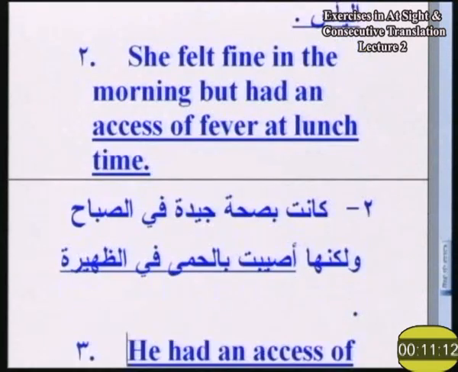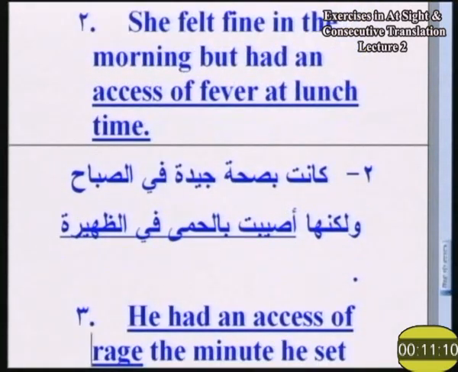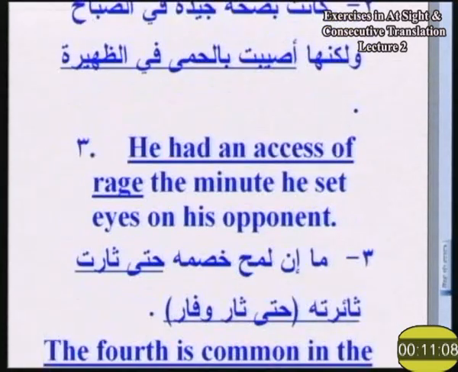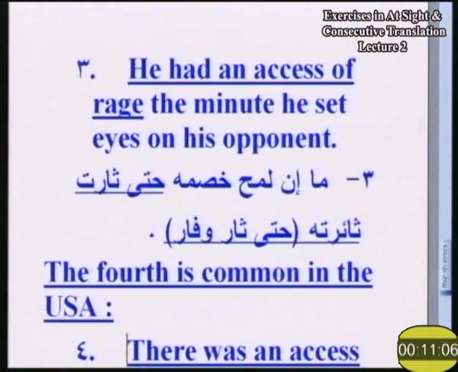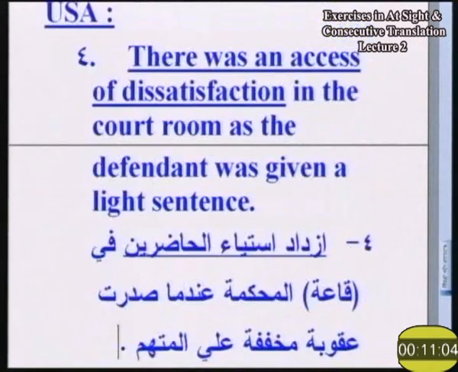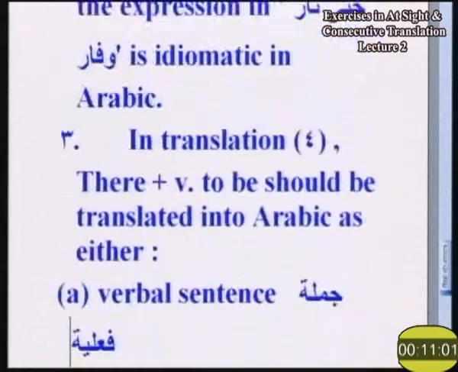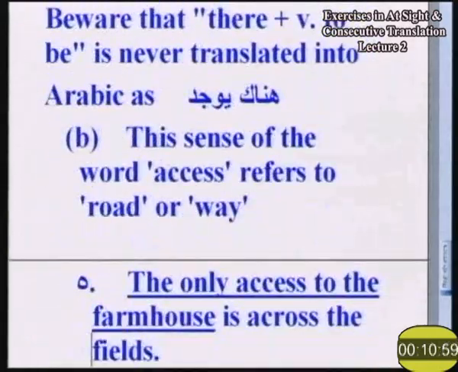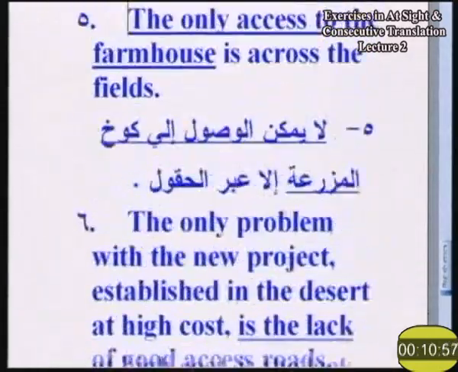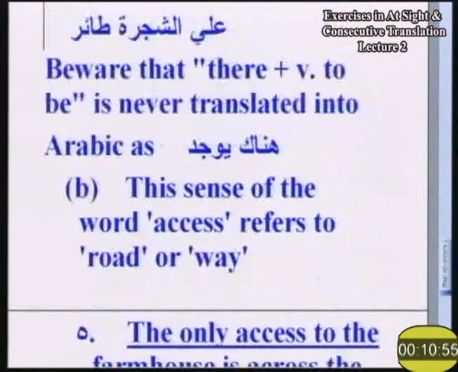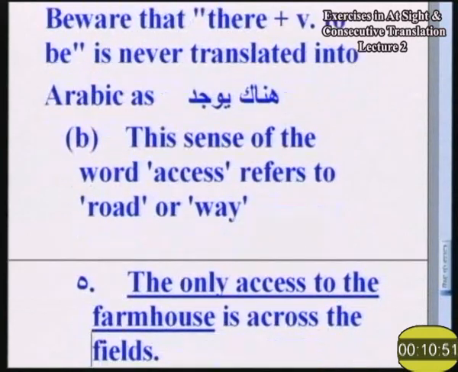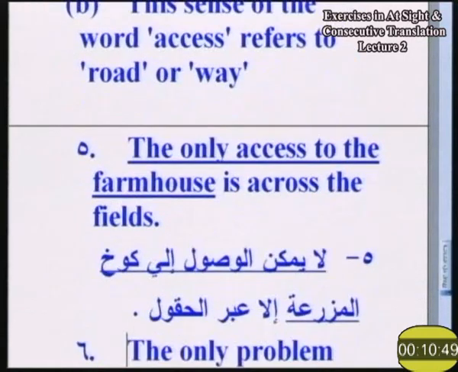This is sentence 1. Sentence 2, كانت بصحة جيدة. ما إن لمح خصمه ازداد استياء الحاضرين. لا يمكن الوصول, in sentence number 5, لا يمكن الوصول إلى كوخ المزرعة.